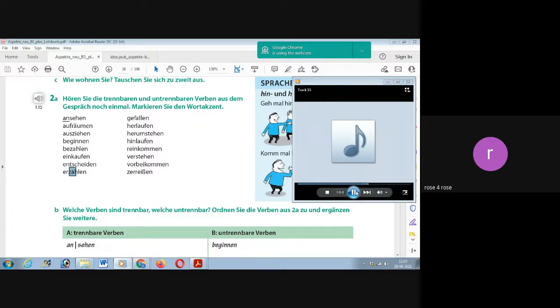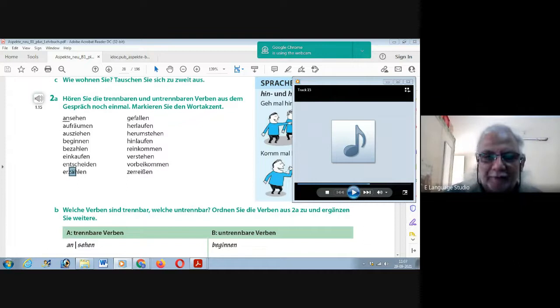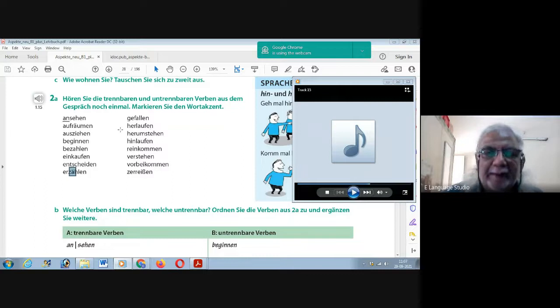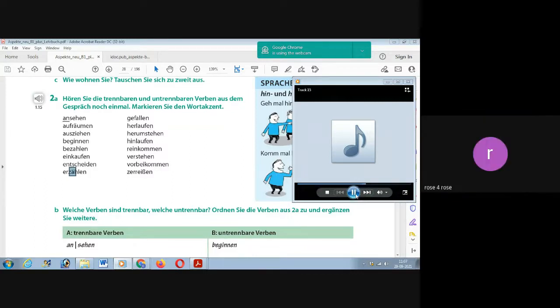Herlaufen. See? Not laufen, but herlaufen.